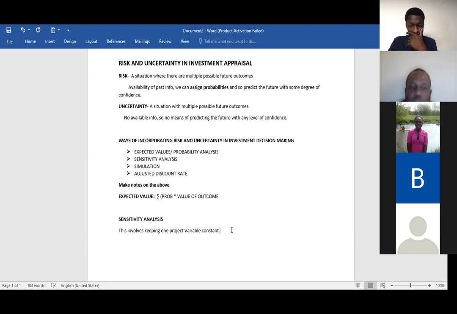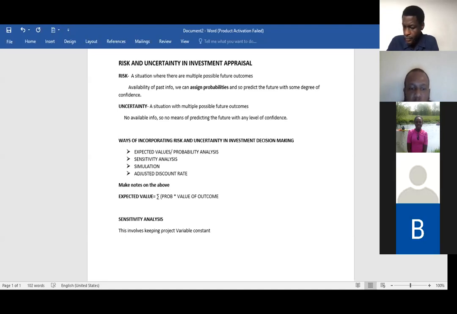So sensitivity analysis involves keeping all project variables constant and varying one of the project variables. No, I don't like the way I've said this. Let me restate it.